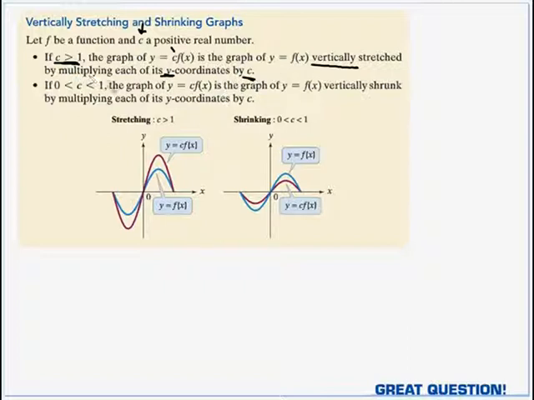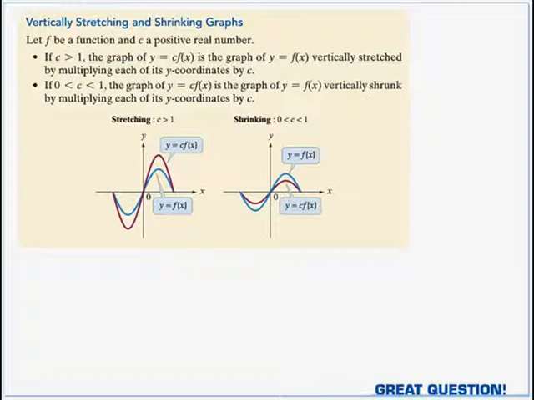If c is a fraction between 0 and 1, a positive fraction or decimal, then the graph of y equals c times f of x is the graph of y equals f of x vertically shrunk by multiplying each of its y coordinates by c. Again, the idea is the y coordinate is going to get multiplied by that constant, whatever that constant is.